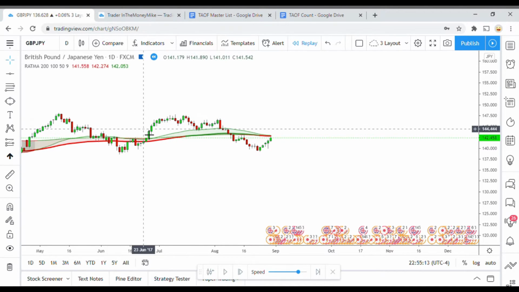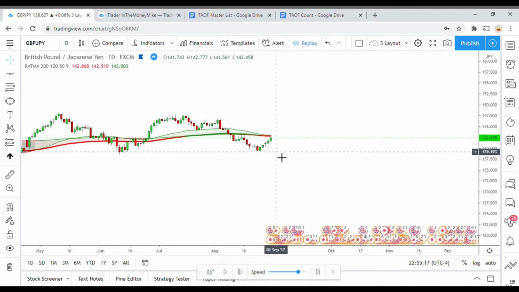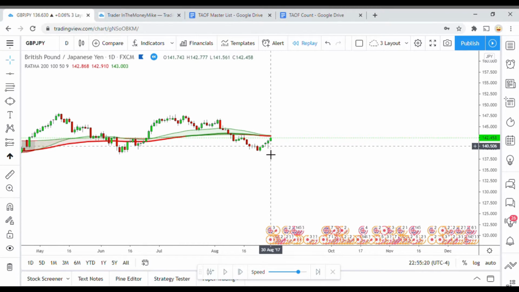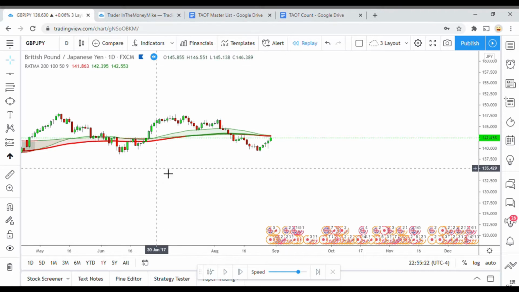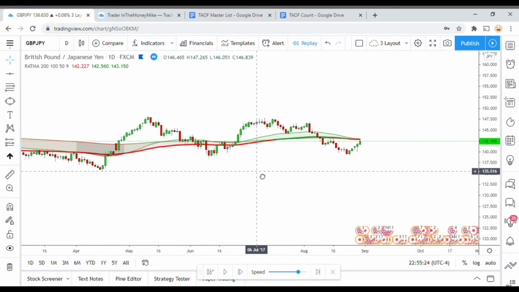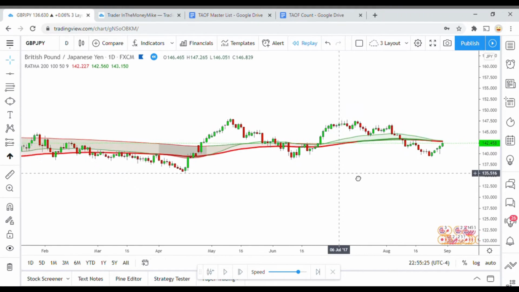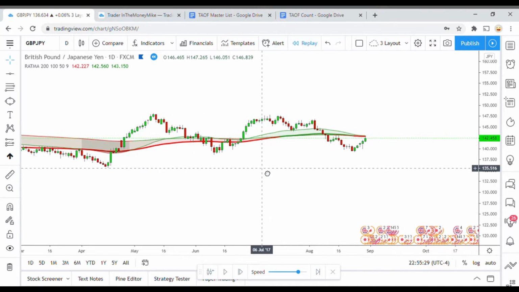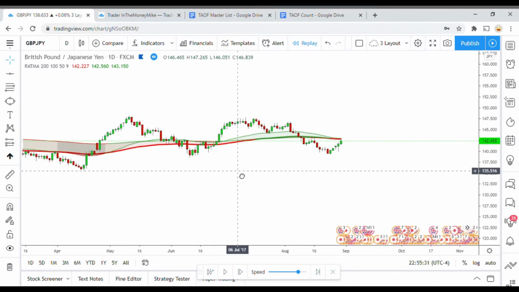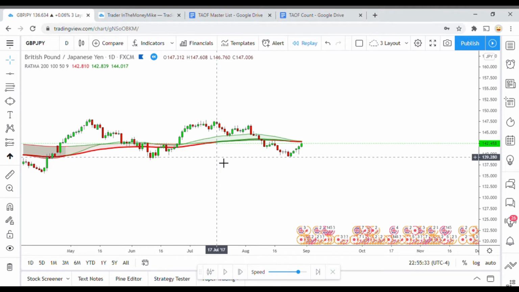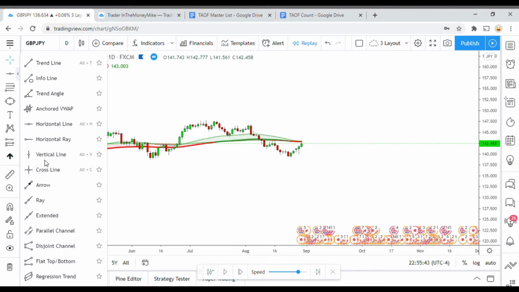All right, so it made a decent little push up and out of there, lost its momentum, and then started to step its way back down. And now we have come back down into this little area here. It does look like we were able to finally get a green sign over here, a green signal.